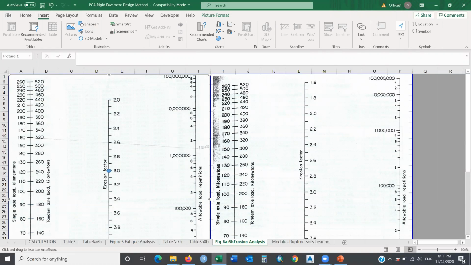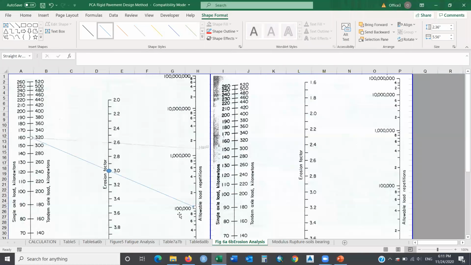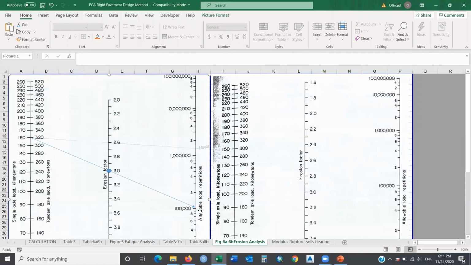If you remember, the single axle is 133, and if the load safety factor is 1.2, then this will go to 160. So my 160 will cross through the pivot, and the allowable will be the value that I hit here. In this case, 100,000. So that is the overall approach that we are going to follow.